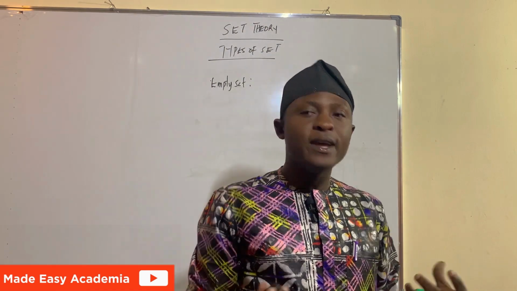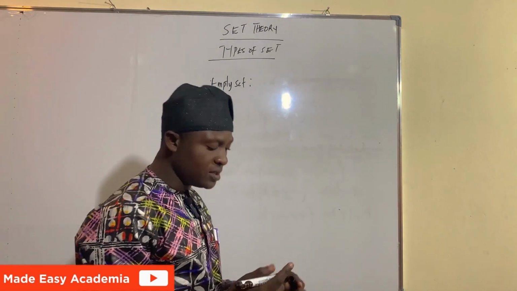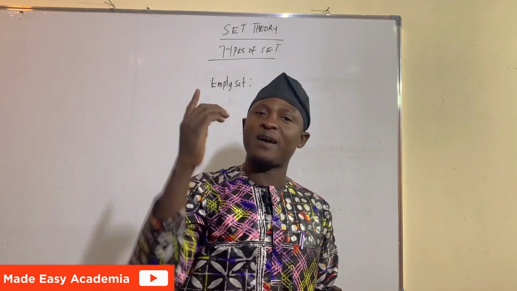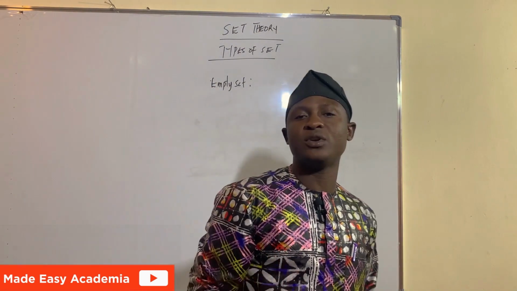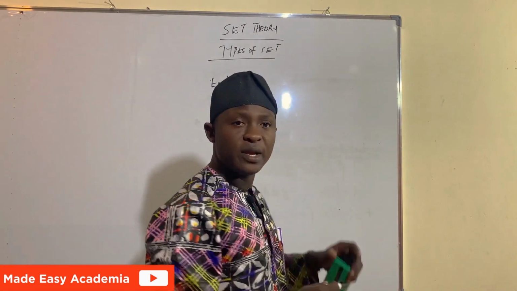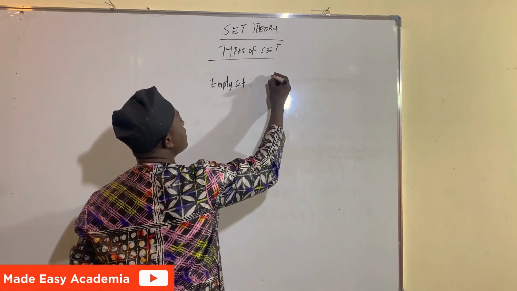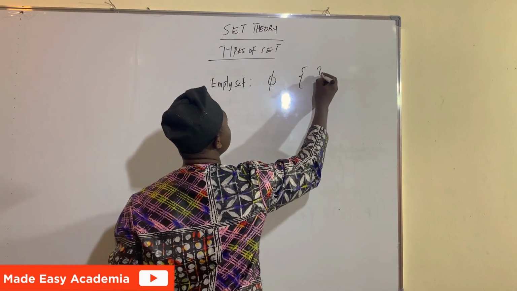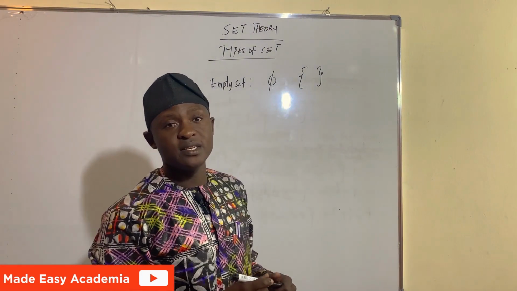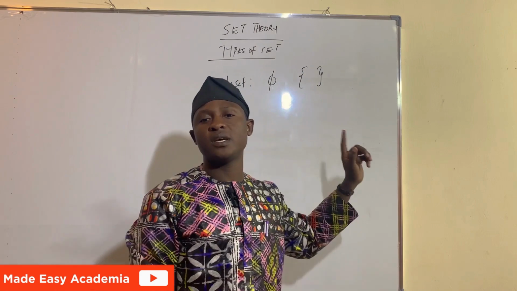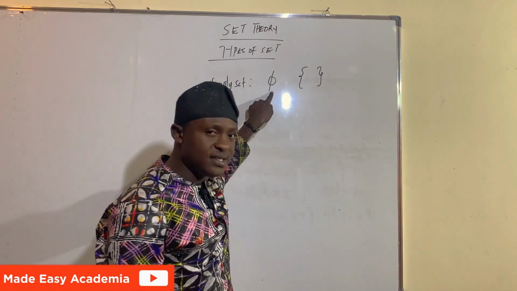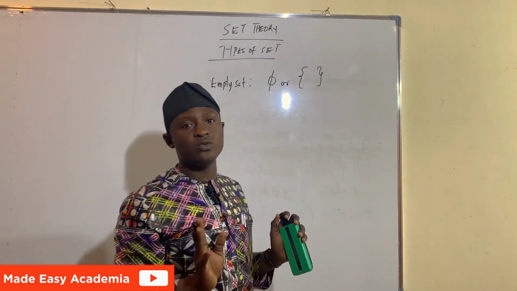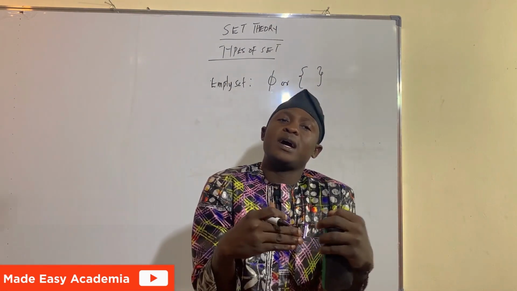Every subject has its own symbol, so in maths, we have a symbol that we normally use for the empty set. We can use this symbol for the empty set, or we use ordinary curly brackets. Please, in this case, you have to be very careful. If you use the empty set symbol or empty curly brackets, the two are the same, but you cannot use the two at a time.